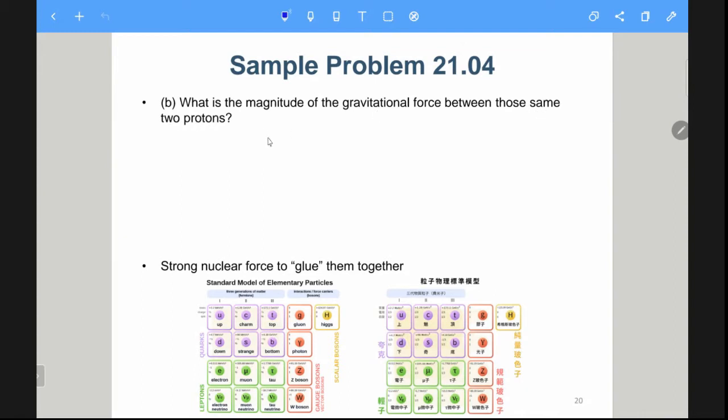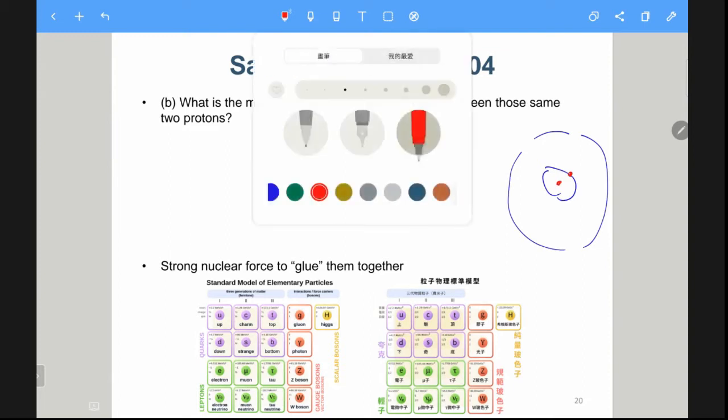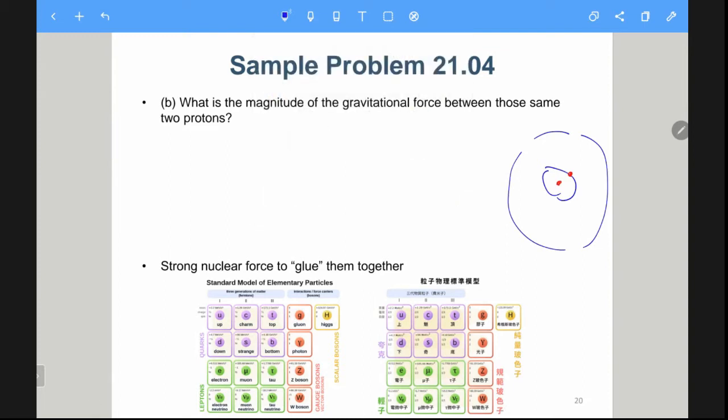So still the same iron atom, and it asks you about the gravitational force between them. If you have learned physics 1, or if you have ever learned some high school physics, you will know the gravitational force. Of course, you don't actually need to know it for this course, but it just shows you some hardcore physics later on, so you don't need to worry.